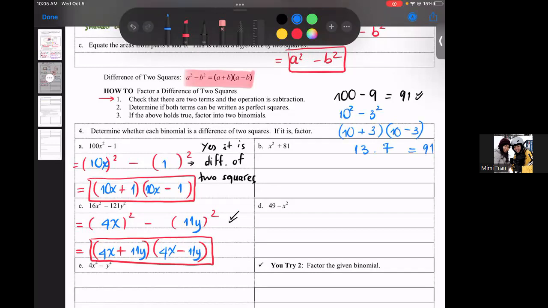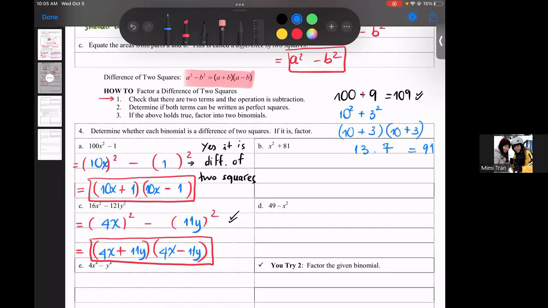Now let's check if it's the plus. Add. Well, 100 plus 9 is 109. Let's check. So here I have plus, so I have to plus everywhere, right?